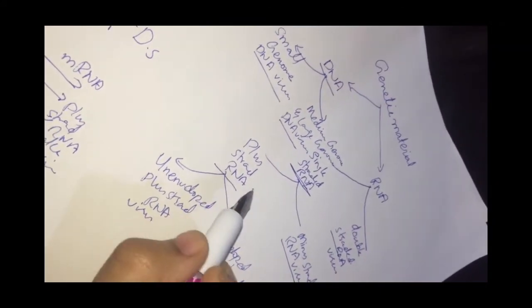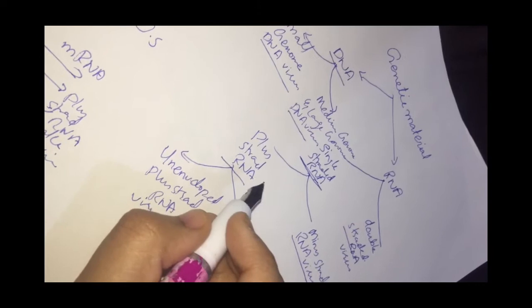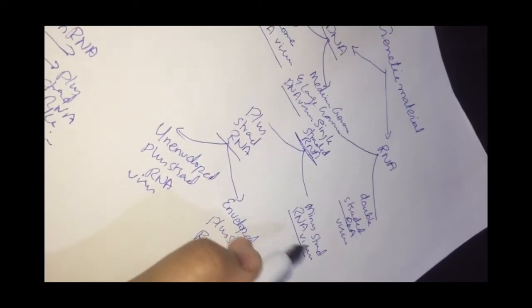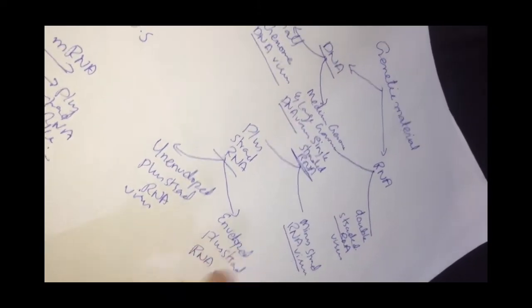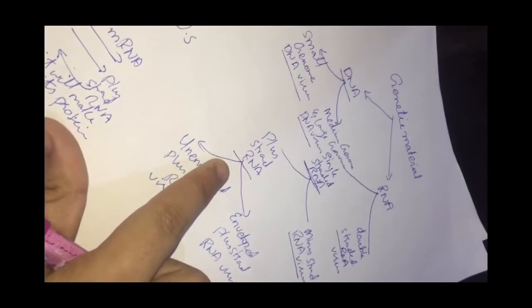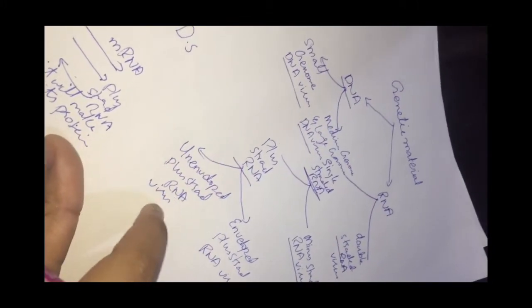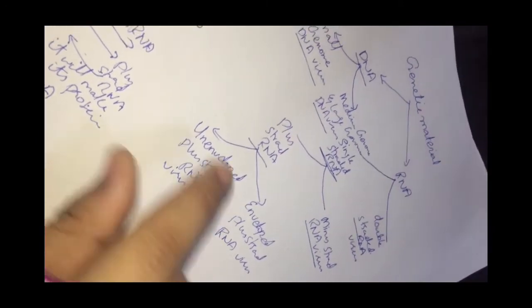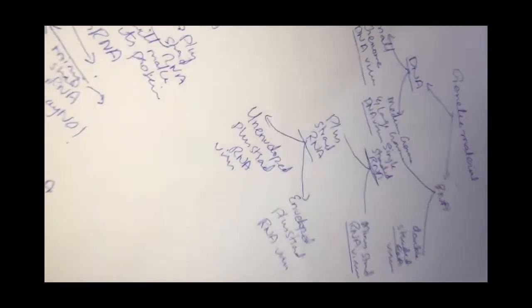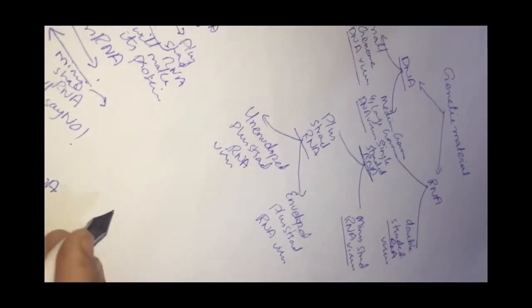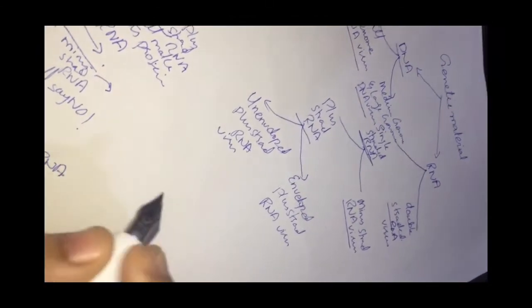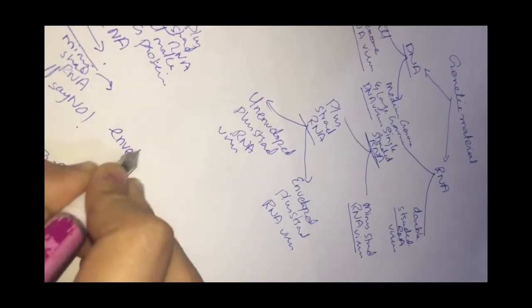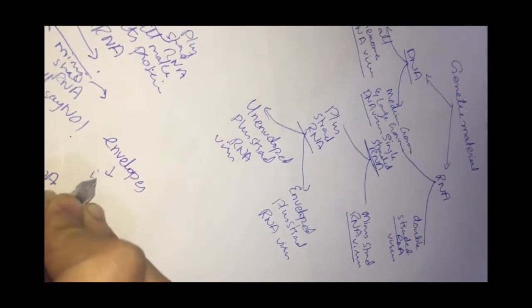Plus-strand RNA virus will have a structure similar to mRNA, whereas minus-strand RNA virus will have a structure complementary to mRNA. Plus-strand RNA can be classified into unenveloped plus-strand RNA virus and enveloped plus-strand RNA virus. Basically, you have studied that the structure of a virus can have some structures called envelopes, which help them infect their host.